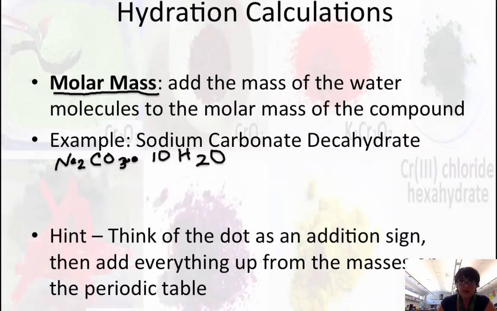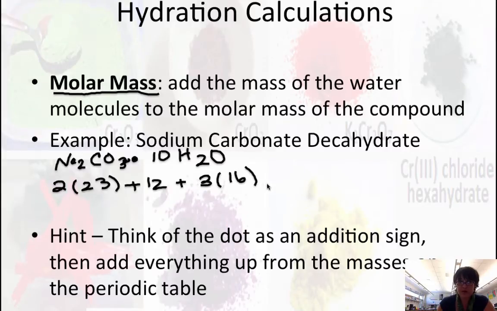So we have to add the mass of 10 waters to everything else. 2 sodiums, 2 times 23, plus 1 carbon, which is 12, and then 3 oxygens to make a carbonate. Oxygen is 16 grams per mole. So now I have my anhydride part, and then we can add the mass of 10 waters. So 10 times 18 gives us the mass of 10 waters.